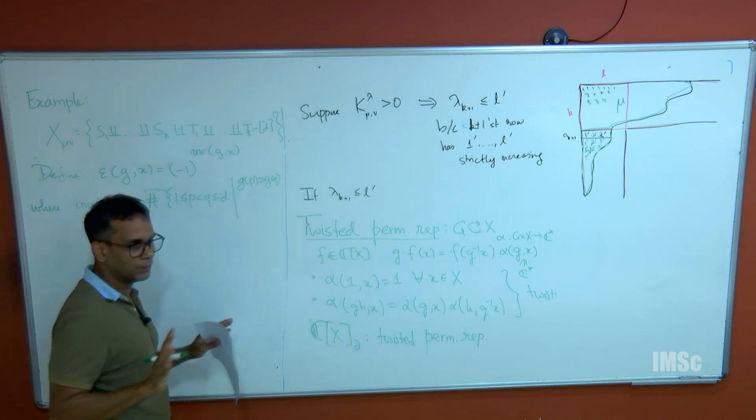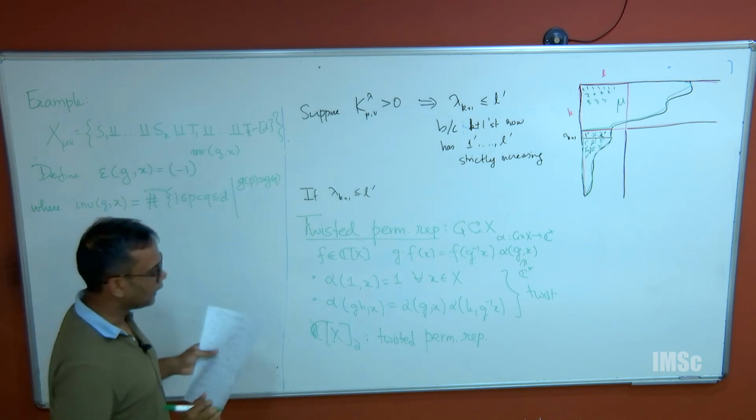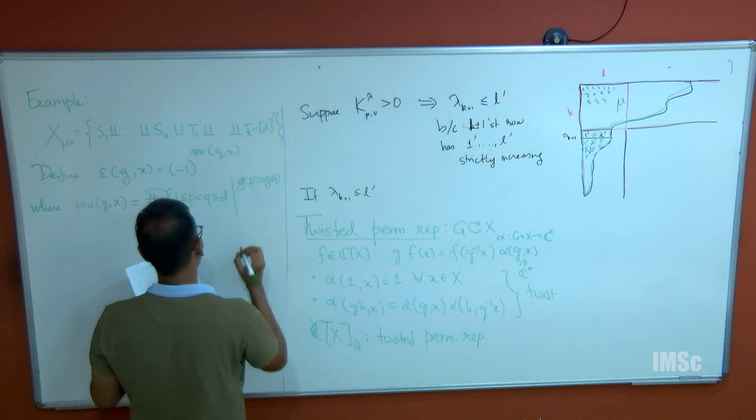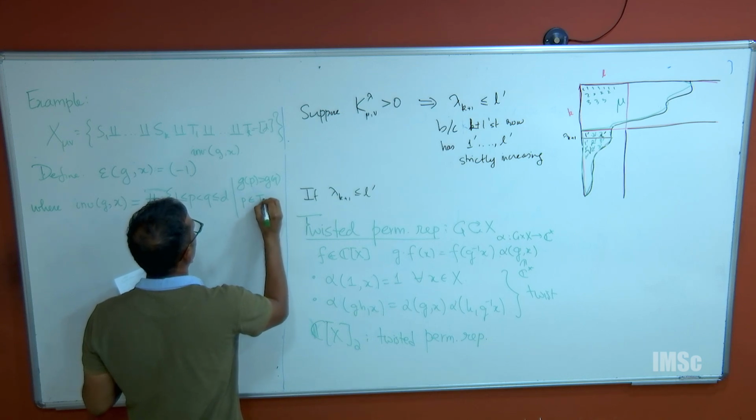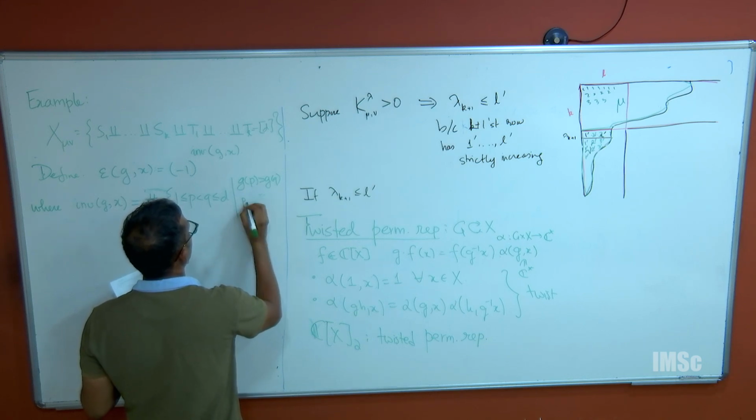So, firstly it is an inversion in the usual sense, and the other condition is that p and q belong to the T part.